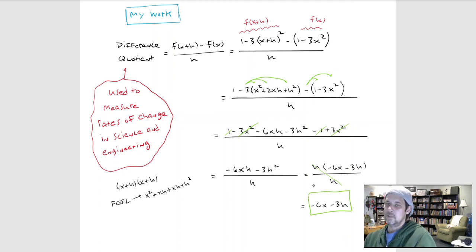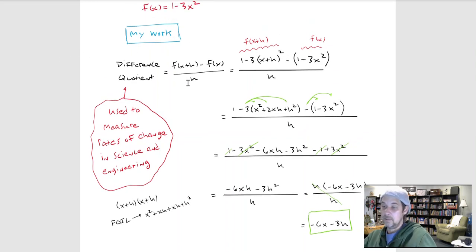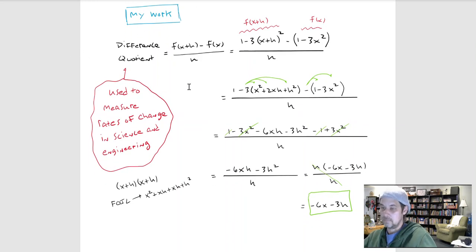One final thing I'll say is that the difference quotient is something that we cover in the class, and it's something I need to get you to learn how to do. But it's not just some exercise where you're jumping through hoops to show me that you can do something. This is an extremely important thing in science and engineering. It's what is used mathematically to measure rates of change.